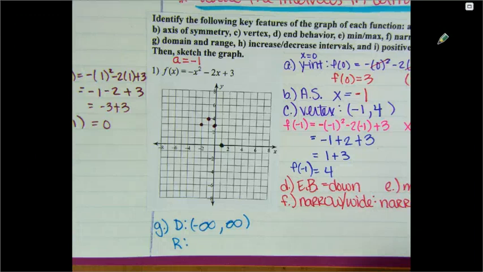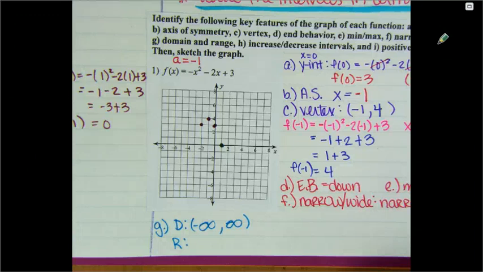Then I'm looking over here, and at the vertex, I turn, and I go which way? I go down. So since I'm going down, I'm going to highlight that another color, and I'm going to say that's decreasing. Does that make sense? Now, remember I said it's in terms of x, not in terms of y.